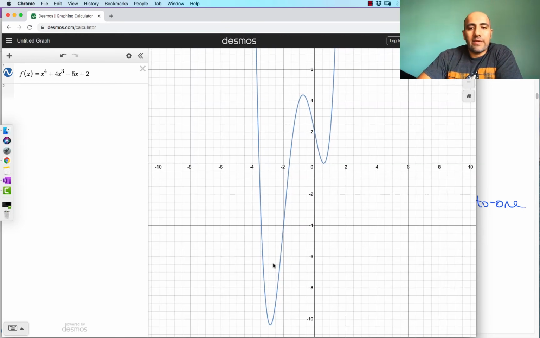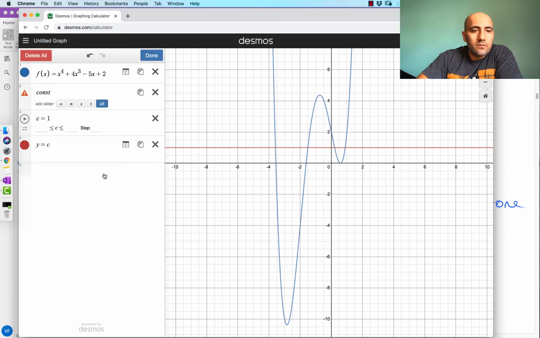And we might be given this graph, and we might be asked, is this the graph of a function that's 1 to 1? So the horizontal line test says, let's let y equal c. I made this horizontal line here, and then I can create c as a slider that can range from, say, -10 to +6, in steps of 0.2, maybe.